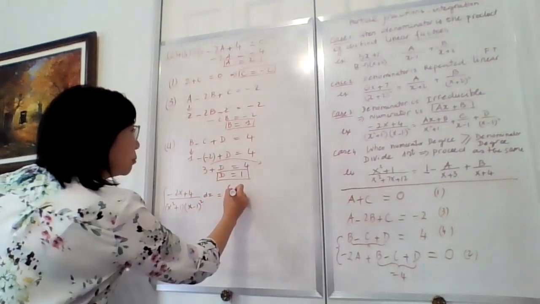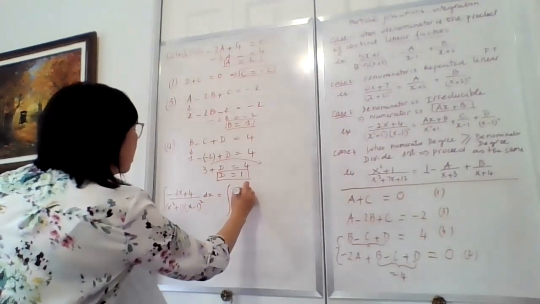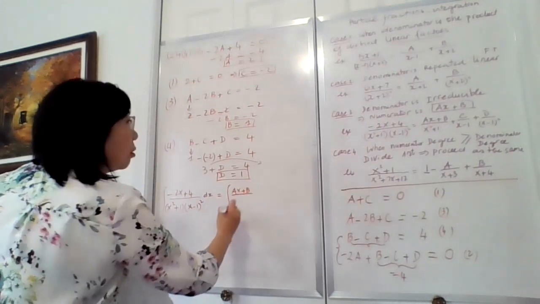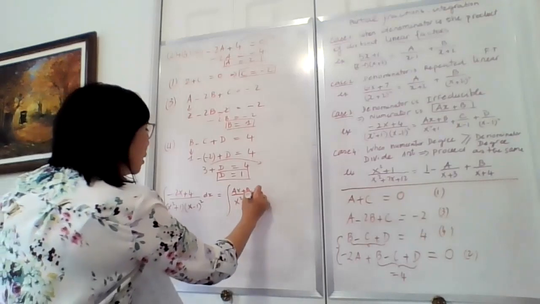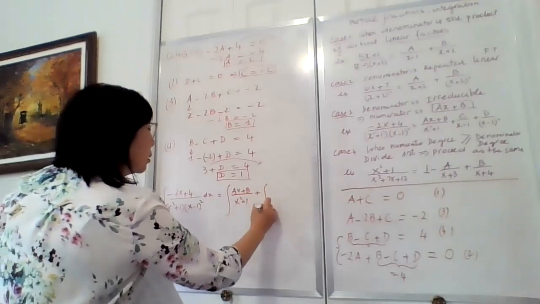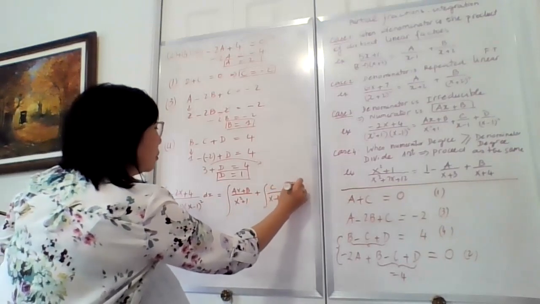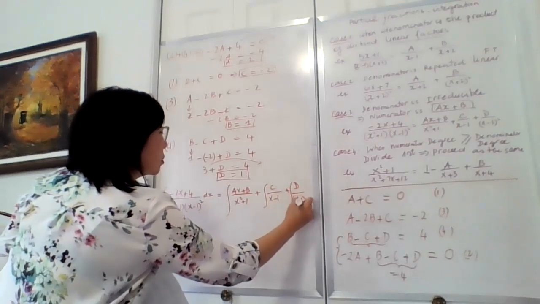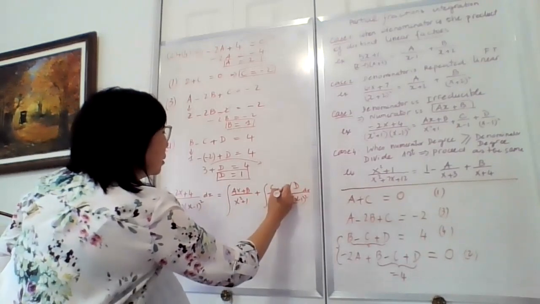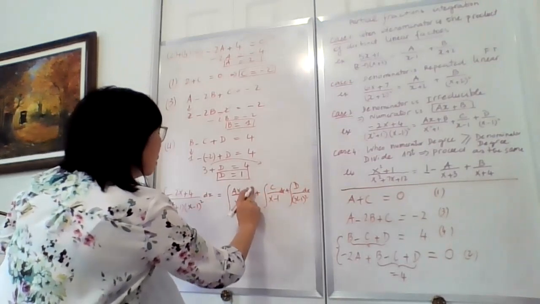So we have ax plus b over x squared plus 1, adding with c over x minus 1, adding with d over x minus 1 squared, dx.